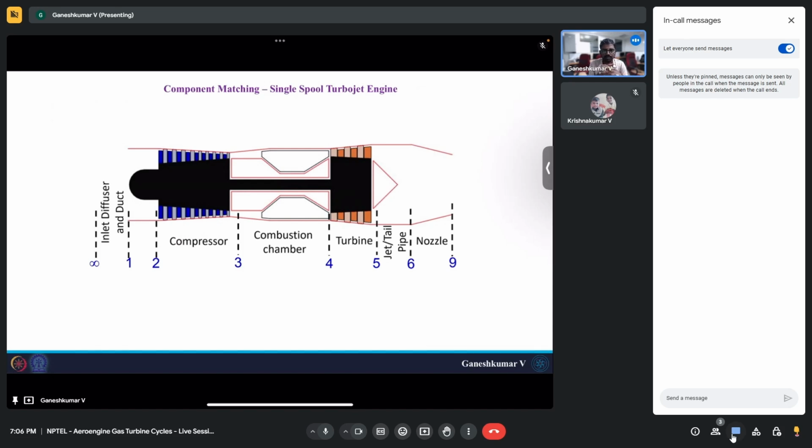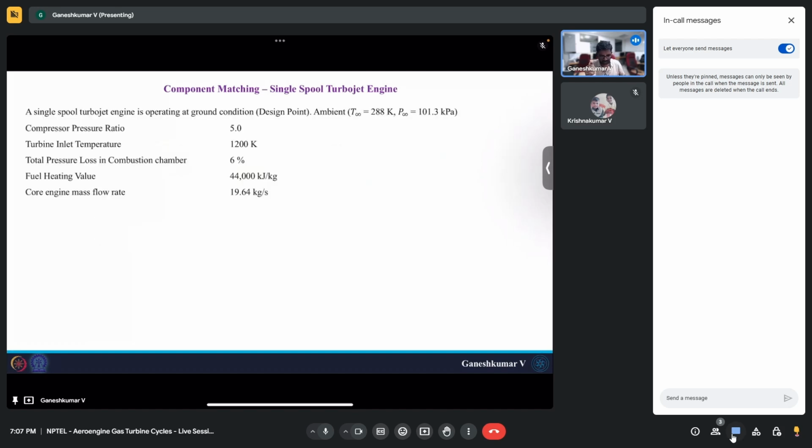This is the first engine that we studied, and we came up with different variants of gas turbine engines from this turbojet. This is the simplest basic aero engine cycle that you will come across. We know what the components are and how we do it, so we will directly jump into a problem.